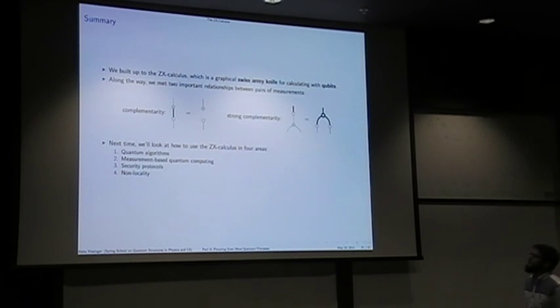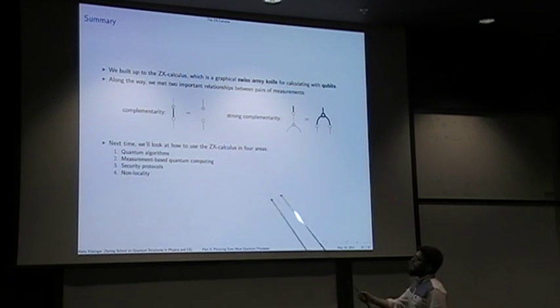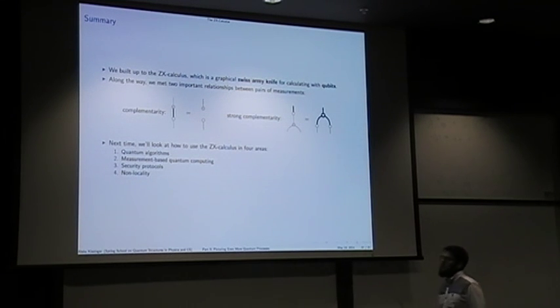You could say that most of today was about tooling, about building up the ZX, and next time I'll talk about actually using it. There's a very nice way that you can talk about several quantum algorithms using this language, and it becomes very intuitive how constructing classical oracles works and why they work. Also, it seems to be pretty much built for doing MBQC, because you can do lots of nice things in MBQC.